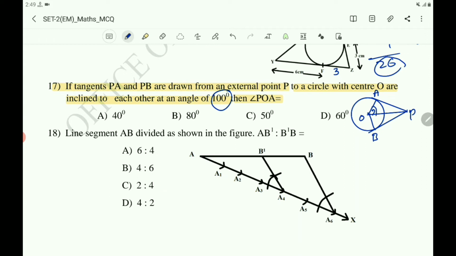So if you get angle AOB, half of that angle is angle POA. Then what is the measurement of the angle AOB? This angle AOB is equal to 180 minus 100, which is equal to 80 degree. 80 divided by 2, which is equal to 40 degree. So you got the measurement of the angle POA, which is equal to 40 degree.